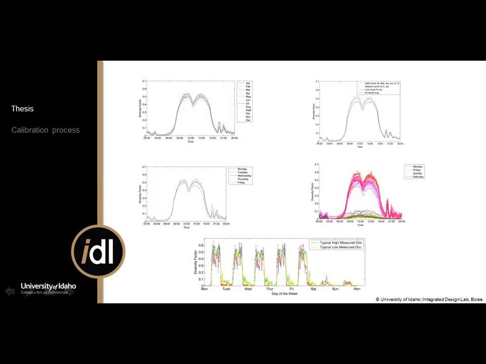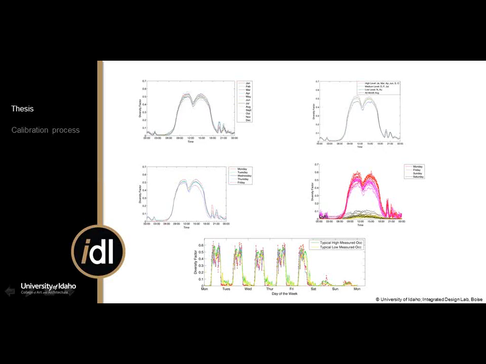So I further went into detail. I focused on private offices, broke them up into month type over here, just to see if there was significant variance through the months. And as you can see, they're pretty close. So I broke them down into 3 categories with high, medium, and low occupancy profiles.